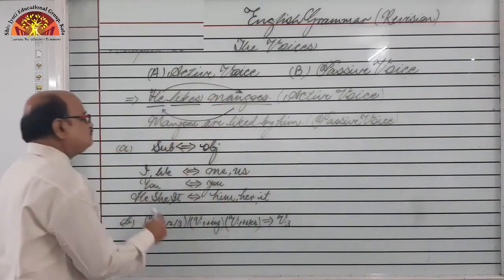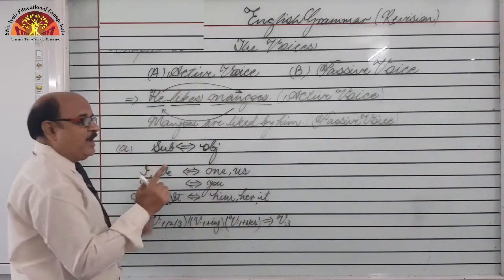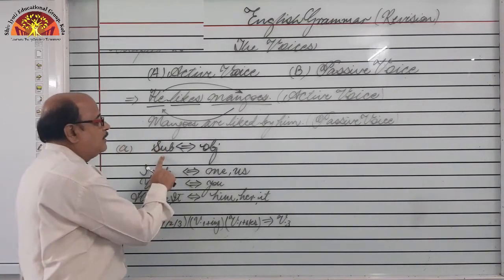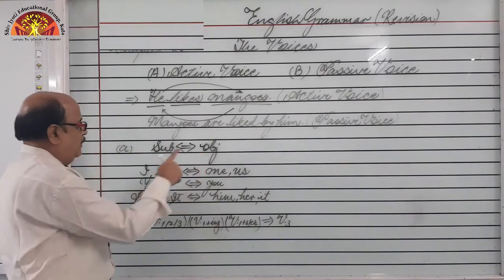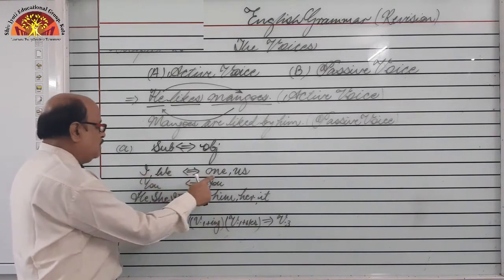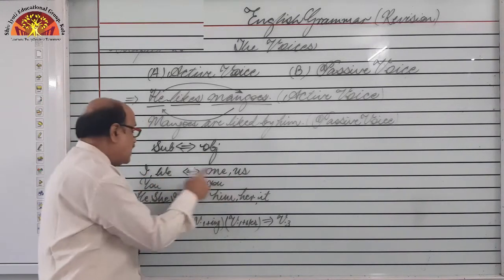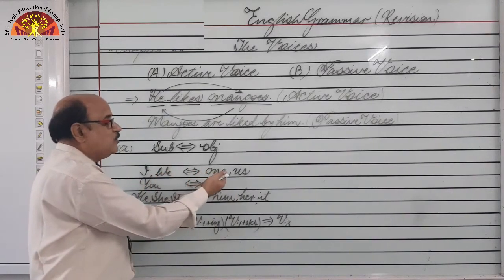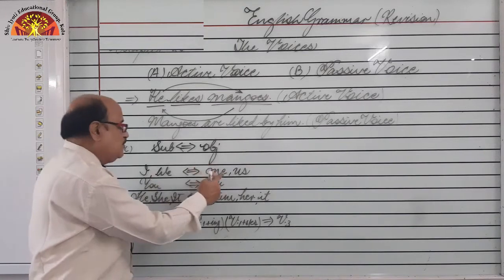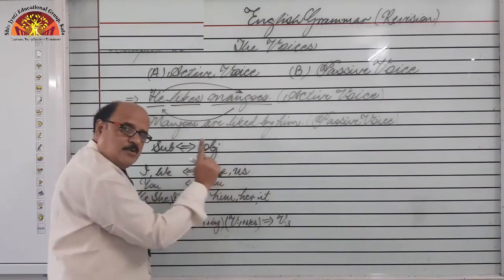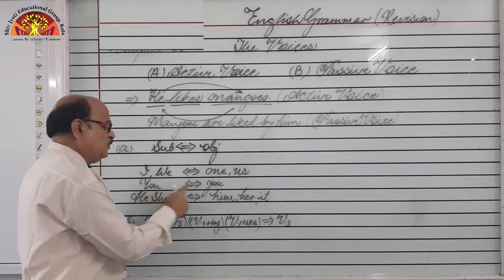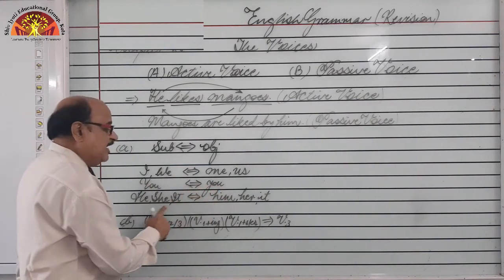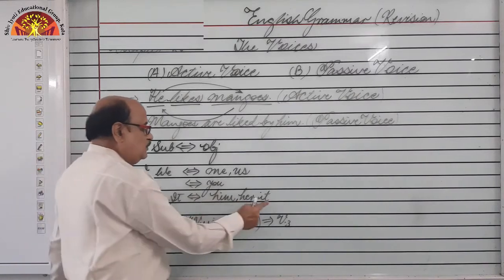Okay? So what I told you, first of all we have to swap the subject and object with each other. Here I is changed into me, we is changed into us. I is the subjective form, we is the subjective form, so they will be turned into their respective objective forms. So I into me, we into us, you as it is, he into him, she into her, it into it.